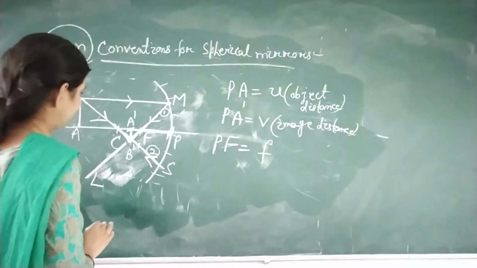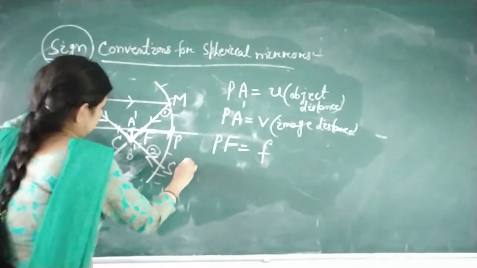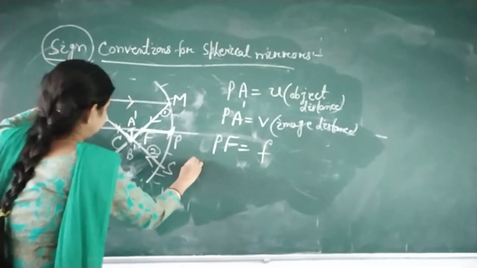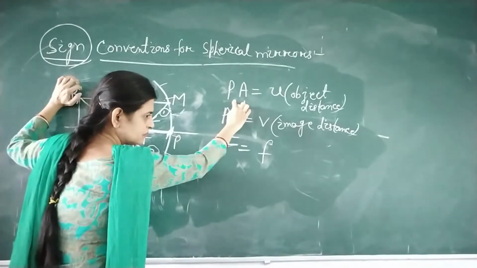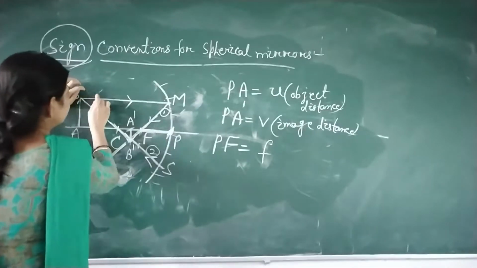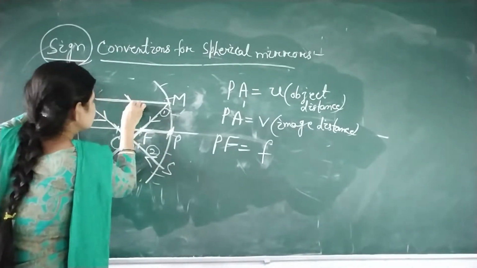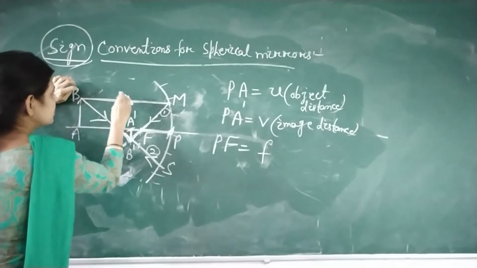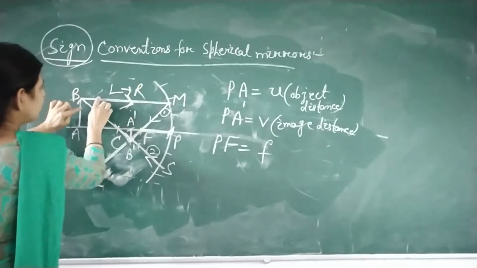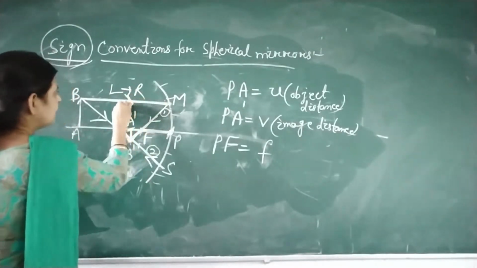Now, if the distance is measured in the same direction as the incident ray, here the direction of the incident ray is from left to right.